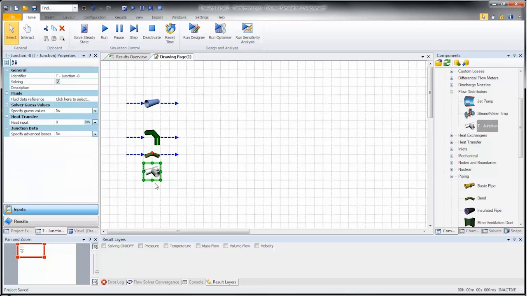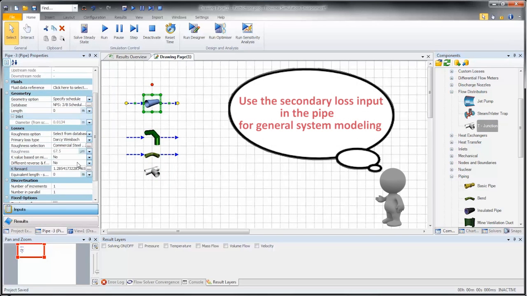But as a general rule, I would like to point out that the effect of detailed modeling of bends and junctions are negligible in comparison to the rest of the system, and it clutters up the system layout on my screen. So in 99% of all cases, I personally use the secondary loss input in the pipe to include the approximated effects of bends and junctions.